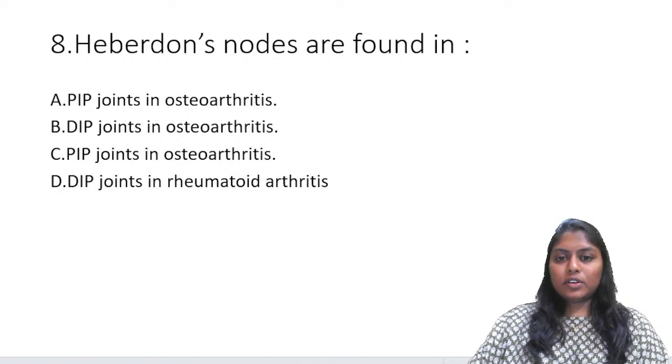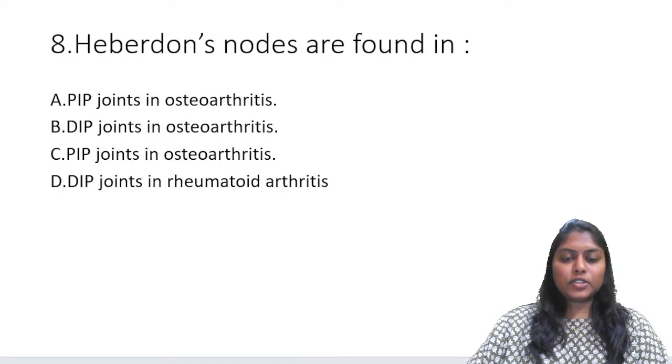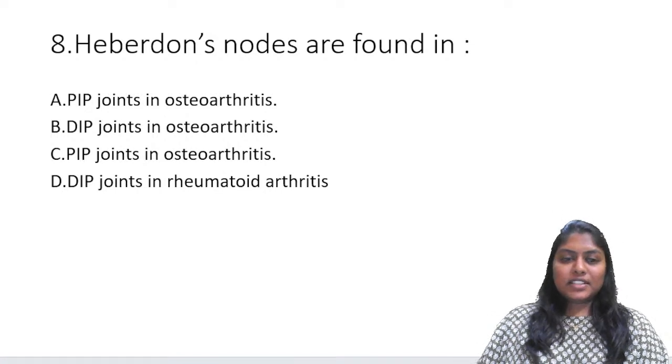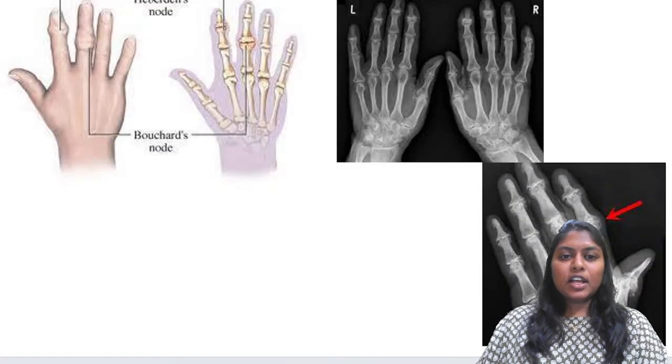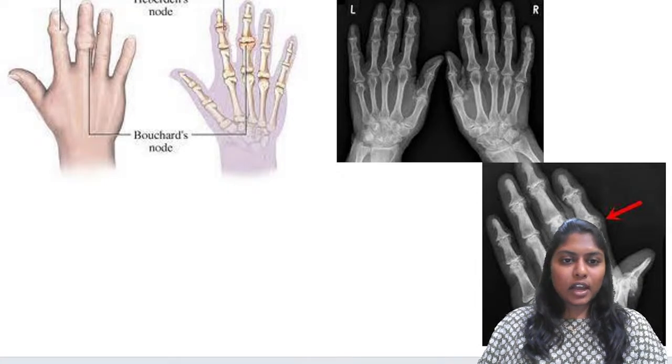Nodes are found in PIP joints in osteoarthritis, DIP joints in osteoarthritis, PIP joints in rheumatoid arthritis, and DIP joints in rheumatoid arthritis. This is the most high yielding topic, so please pay attention.